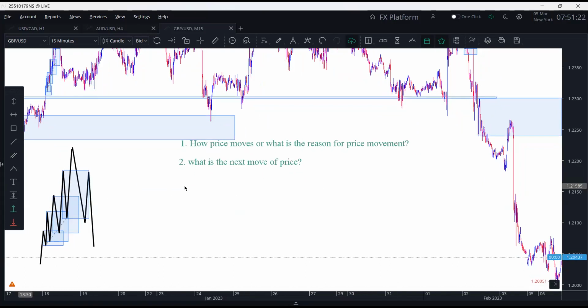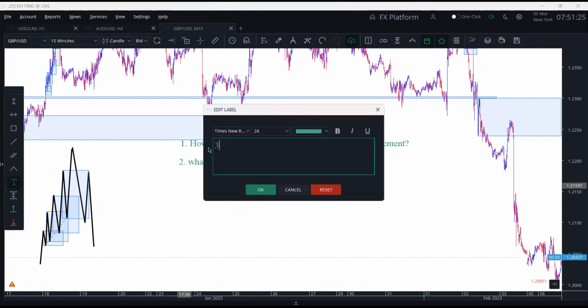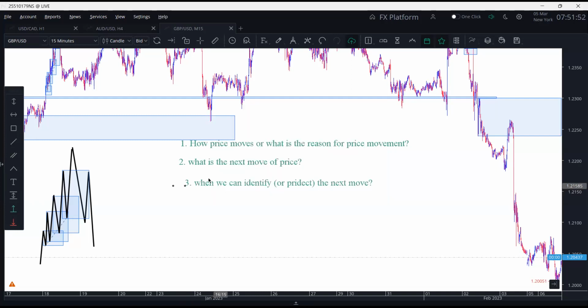But the question that we're going to answer is: when can we identify, or predict, the next move? Not predict, I think identify is better. Sorry. This is the question that we're going to answer. We just need to identify the next move, not all the moves.